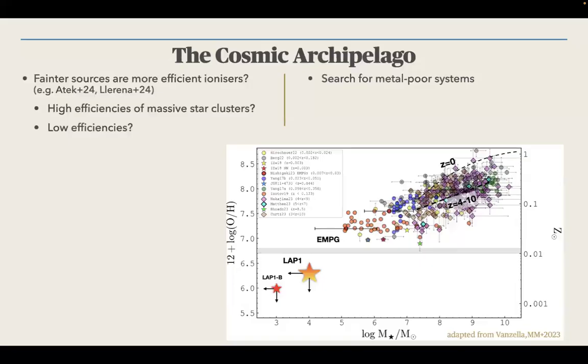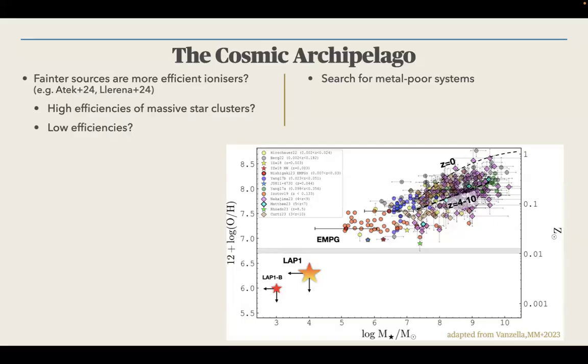The second topic I wanted to address is the search for metal poor systems. Here is a mass metallicity relation. High-redshift galaxies, where redshift is actually 0 to 10, more or less, are clustered here.